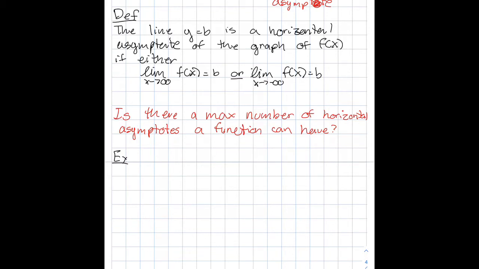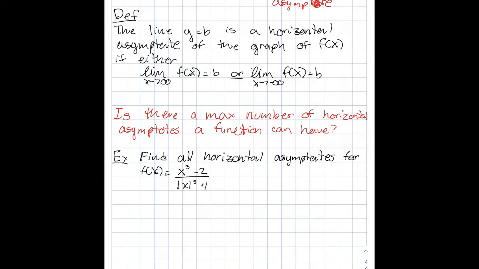So we're going to find all horizontal asymptotes for f of x equal to x cubed minus 2 over the absolute value of x cubed plus 1.